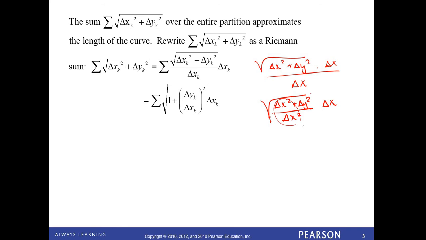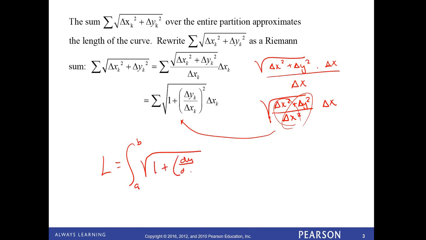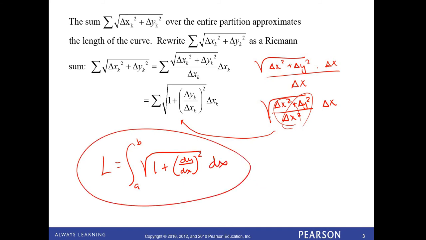Now, dividing both pieces by delta x squared, we then come over here and get the sum of the square root of 1 plus delta y over delta x squared. That, when we change it into integral form, is the length of the segment from A to B of the square root of 1 plus, I'm going to rewrite this in our familiar dy/dx squared, dx. So this is what we're going to do to find lengths of curves.